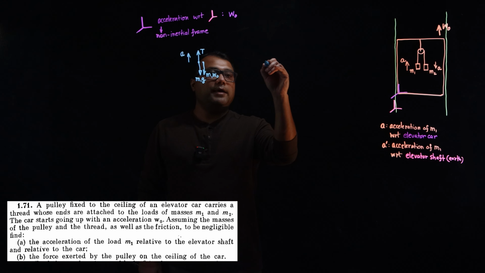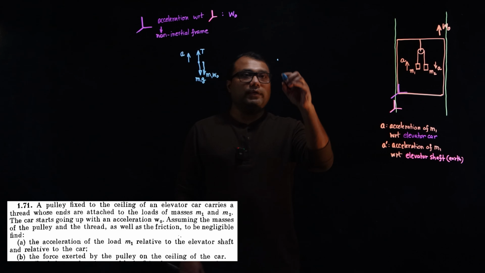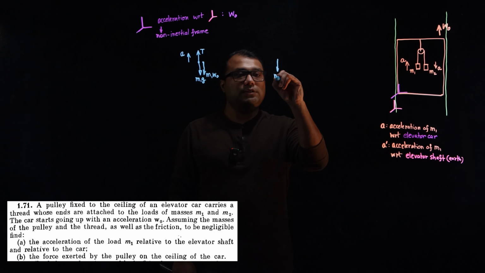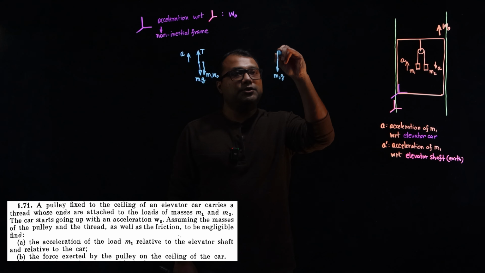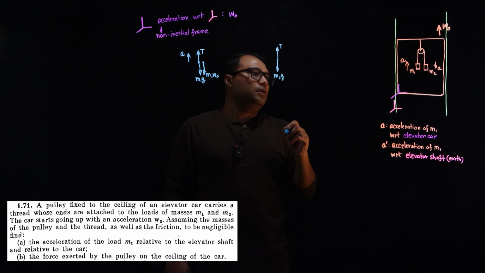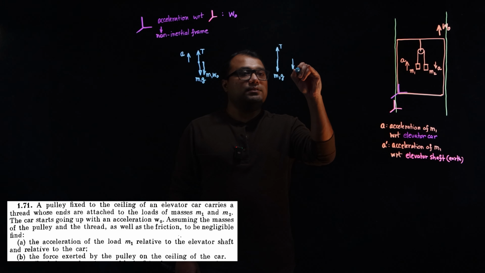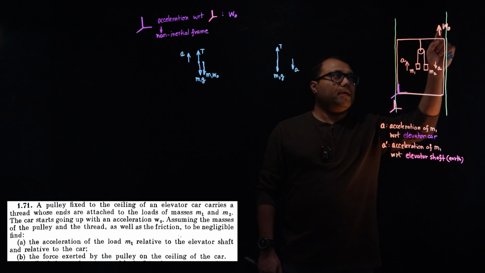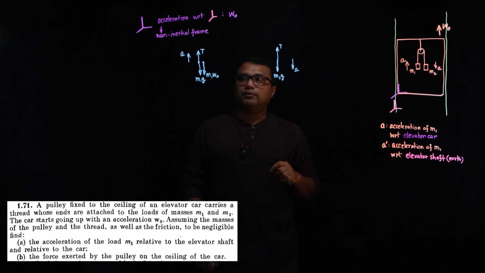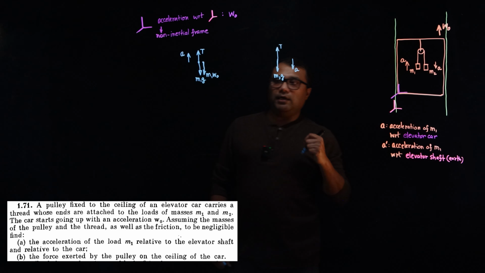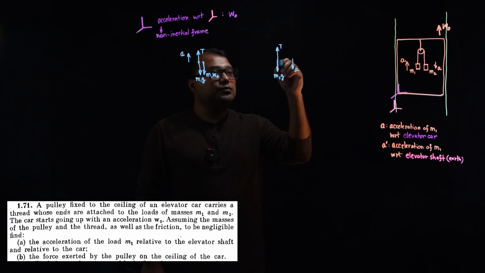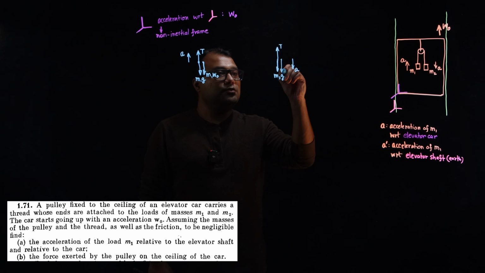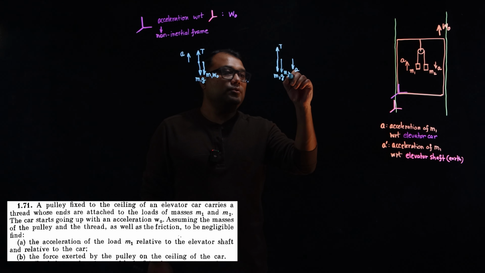Now similarly for m2, we can write m2g, same tension, it is accelerating with acceleration a downwards, but since we have w0 with which the non-inertial frame is accelerating up, we'll have to introduce a pseudo force which is equal to m2w0.